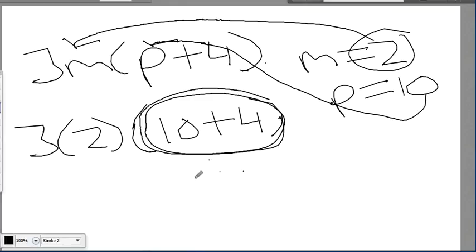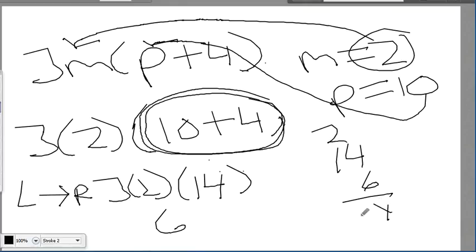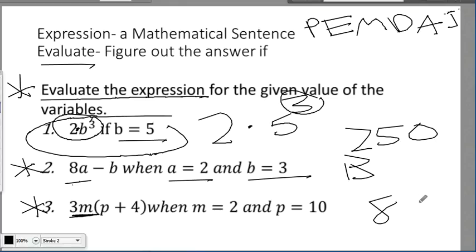So 10 plus 4 is 14. Now we have 3 times 2 times 14. Now we just work left to right because all we have left is multiplication. 3 times 2 is 6. 6 times 14 is 84. So when we let the m equal 2 and the p equal 10, we get 84.